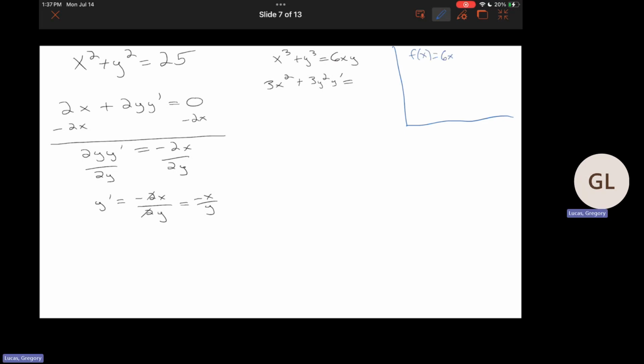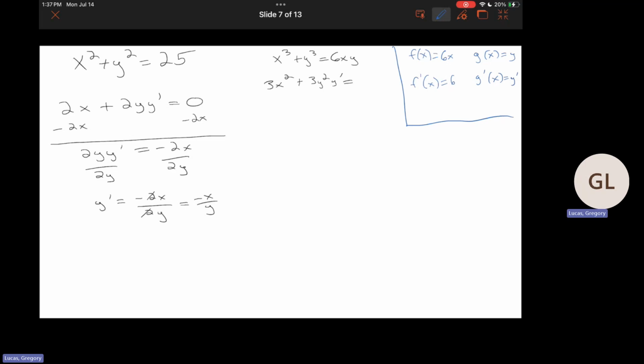So I have to take 6x as one of my functions, and I want to pick y to be one of my functions. Okay. So I have 6x and y. The derivative of 6x is 6. The derivative of y isn't just 1 here, it would be y prime.